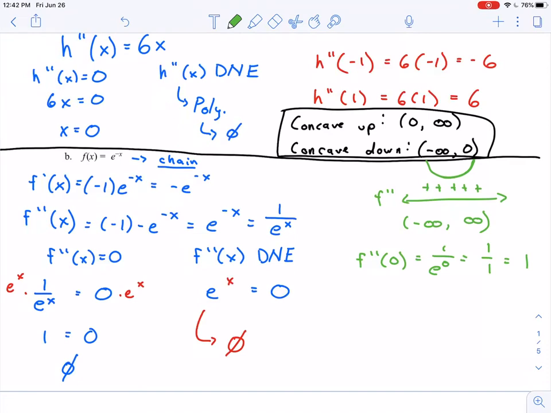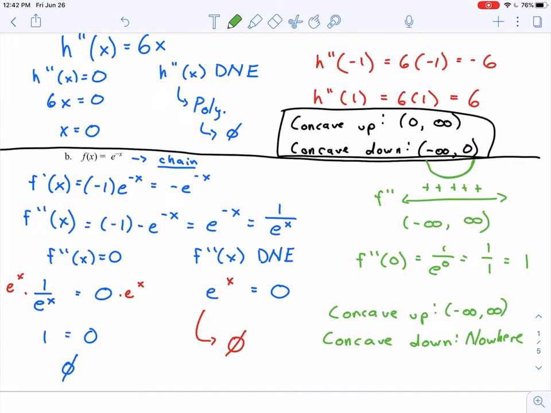So when it comes time to interpret this number line that I've constructed, I will say that this function is concave up on the interval negative infinity to positive infinity. I also like to go out of my way just to let the reader know, hey, this is concave down nowhere. At no point is this graph concave downward. It is always concave upward.